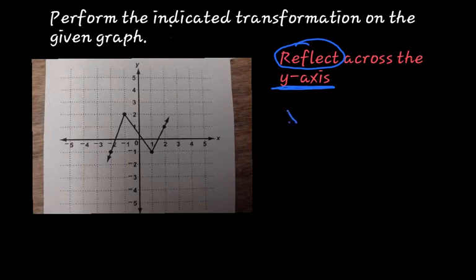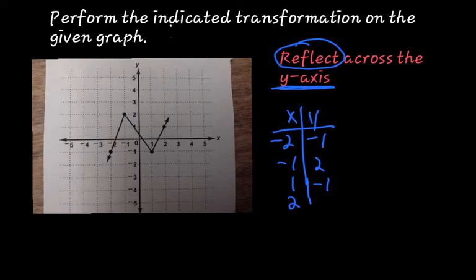So we have the x and the y again. Let me make the table again. So we have these points here, and we have a 2, 1. So we're going to change the x values, and you're just going to change the sign.